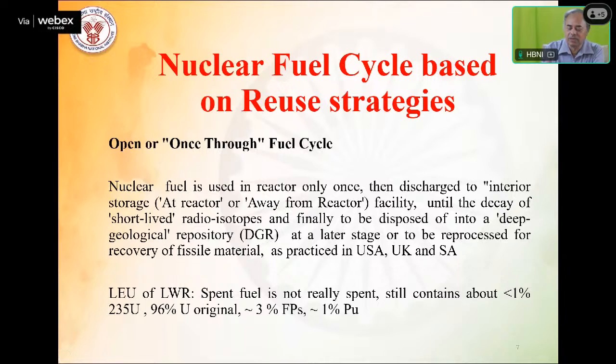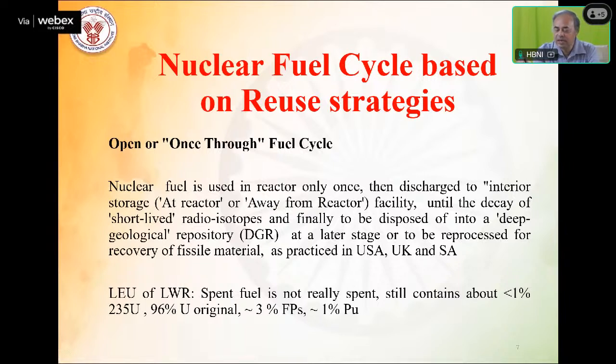But after removing it from the reactors, after utilization in the reactors, in the first cycle, you will find that 96% original uranium is still present in the fuel. And it contains now 1% plutonium also. Not 1%, little less than that. And 3% fission products.